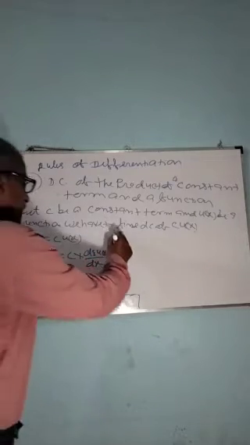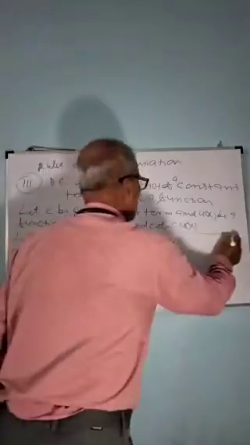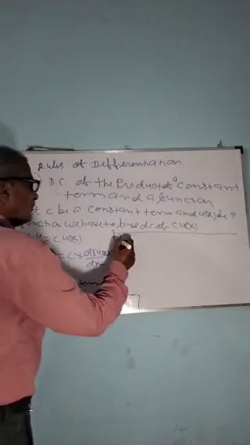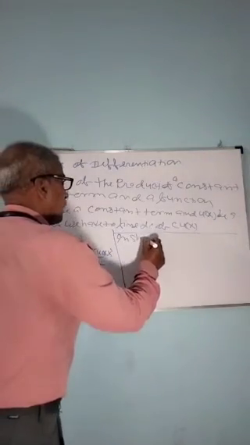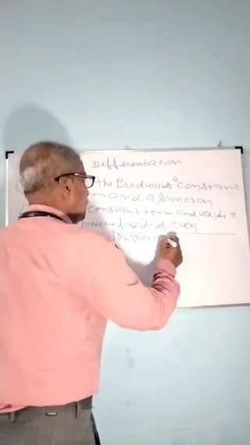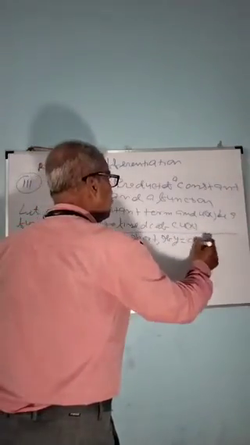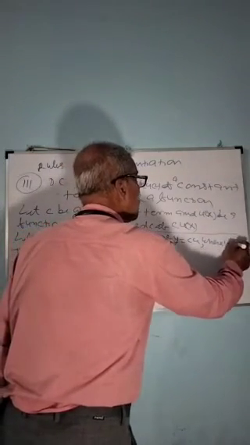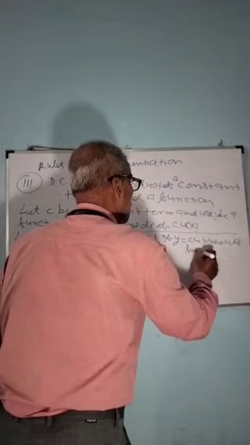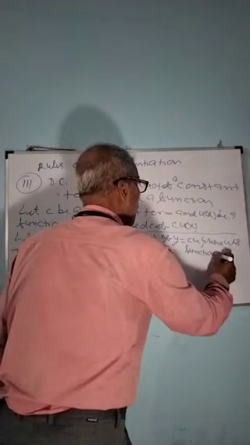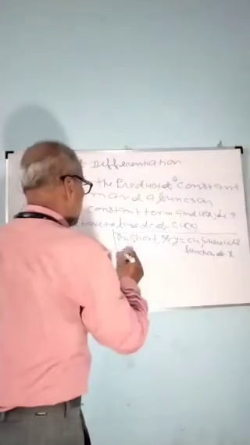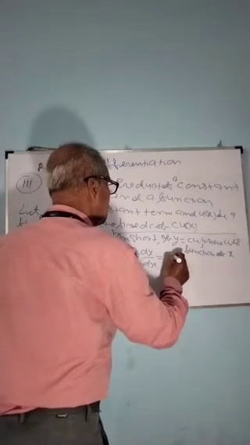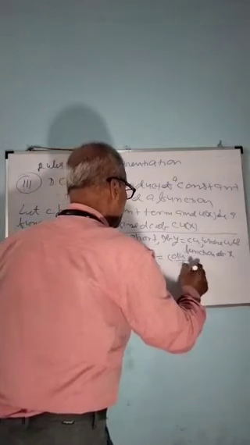In short, if y equal to c u, where u is a function of x, then dy by dx equal to c du by dx.